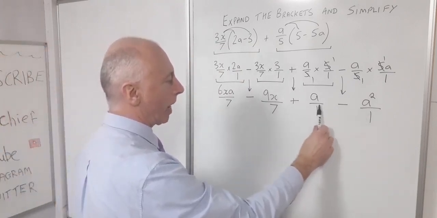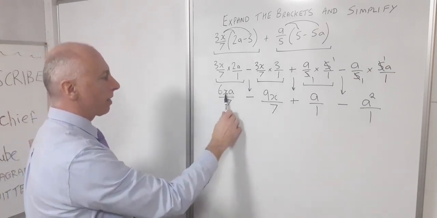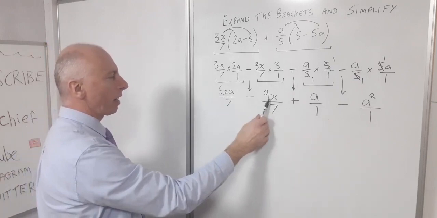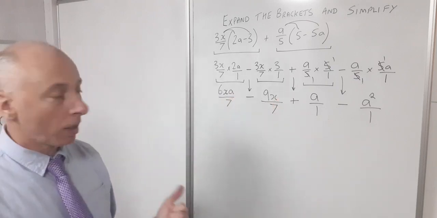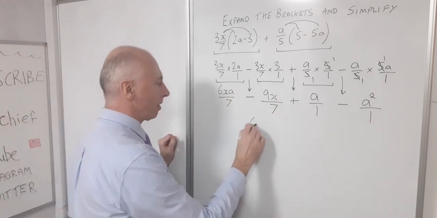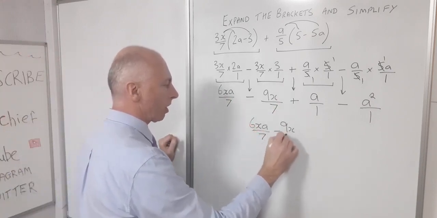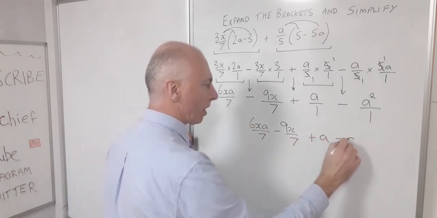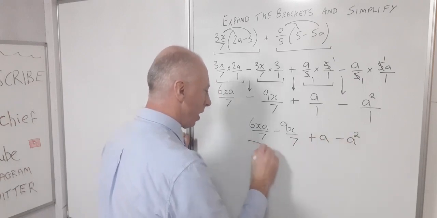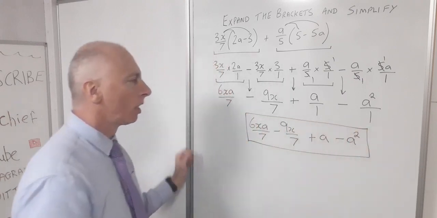It's not the same as a over 1, so they're not like terms. 9x and 6xa, they've got this x is the same, but there's no a in this one, so these aren't like terms either. So I could write my final answer as 6xa over 7 minus 9x over 7 plus a minus a squared. And that I'm going to declare as my simplest answer. Okay.